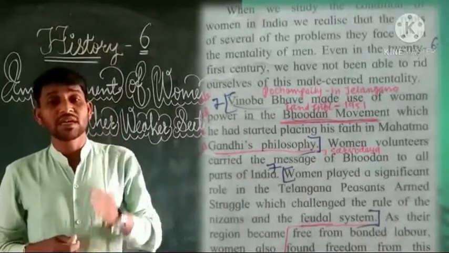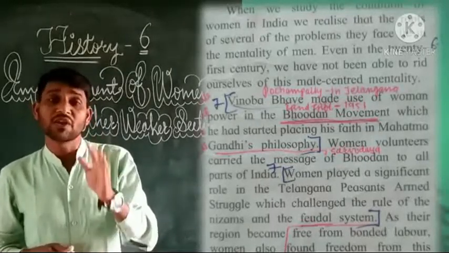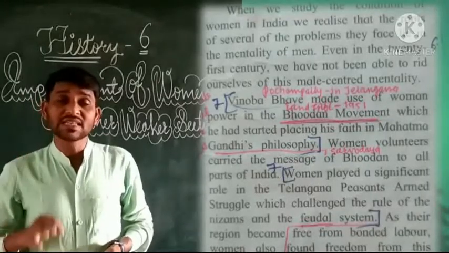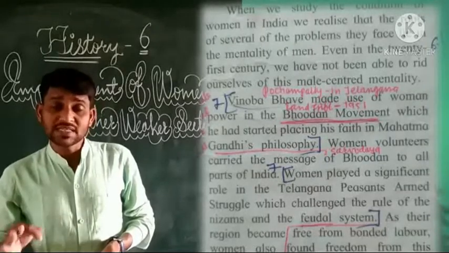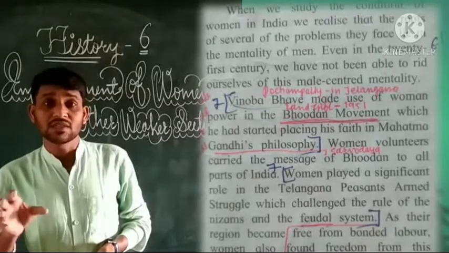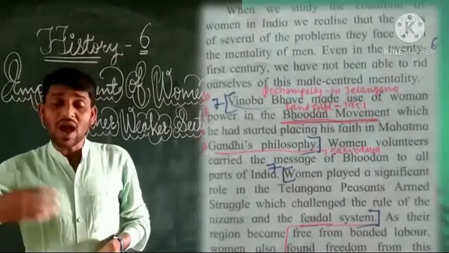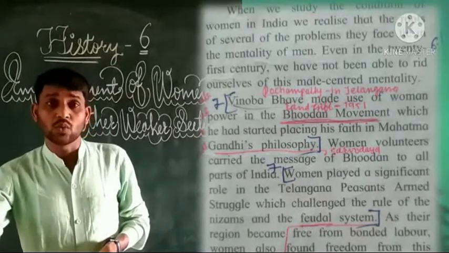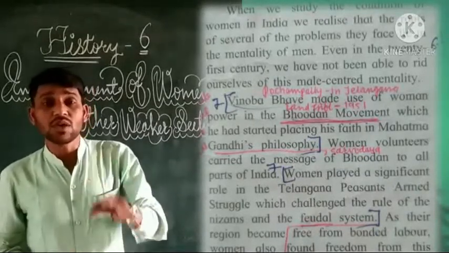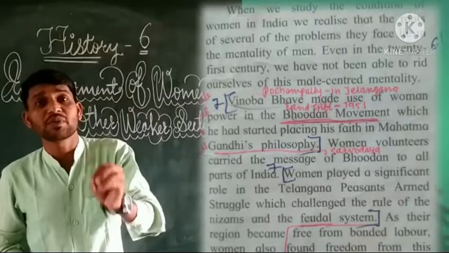The Bhudan movement was started first in Telangana with the help of Vinoba Bhave, because he convinced the landlords who had land or fields to give some to those who were landless, the small peasants, so that they could manage their livelihood on that small piece of land.